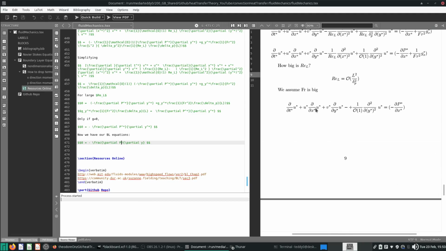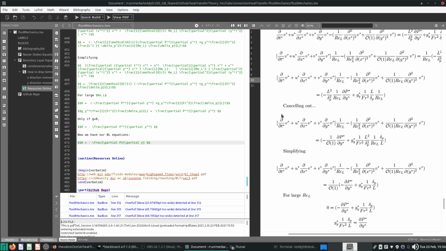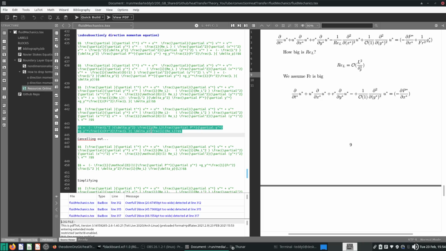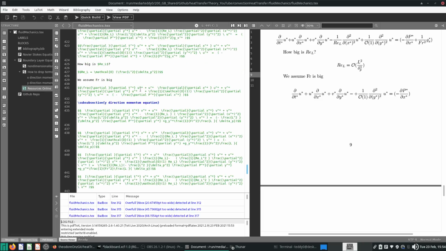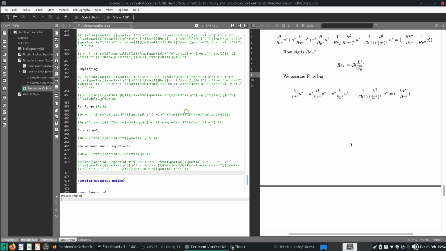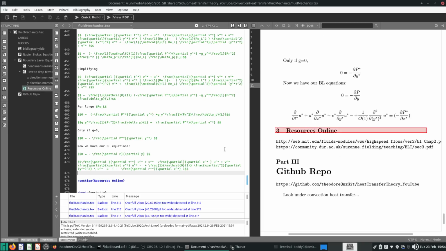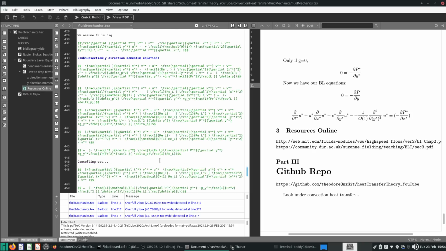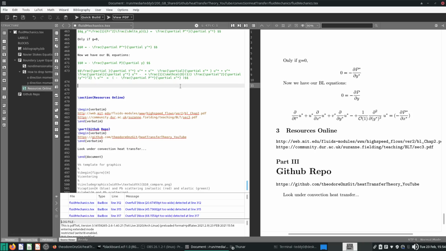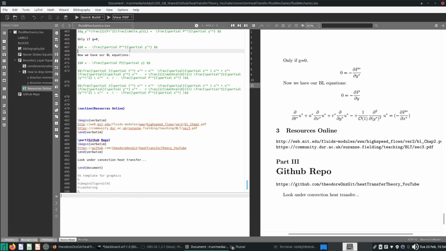I will re-dimensionalize them. I will skip the steps of re-dimensionalizing everything, but this is what we will get. This is the non-dimensionalized equation.